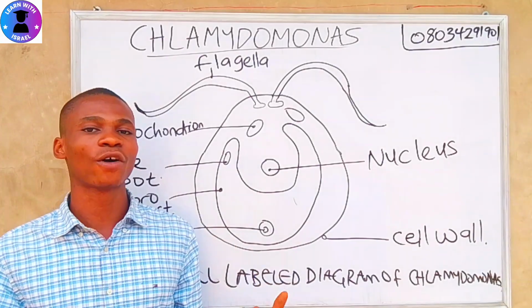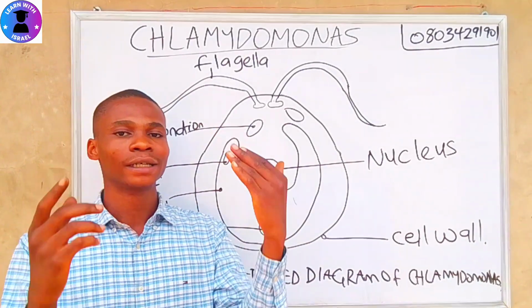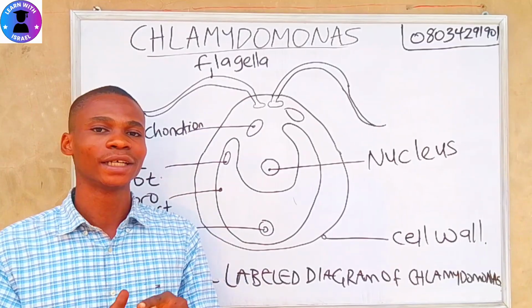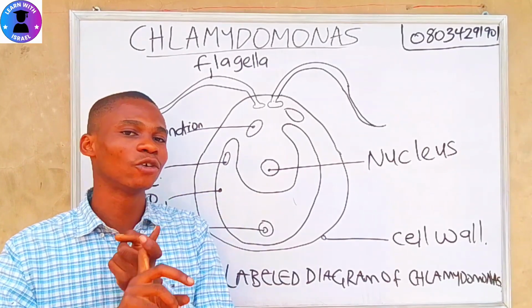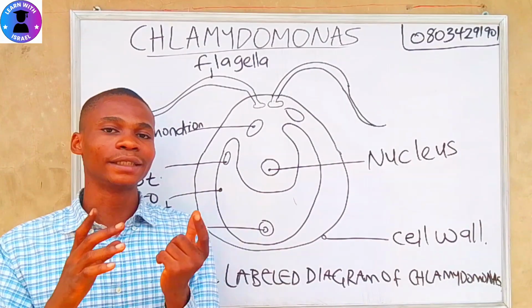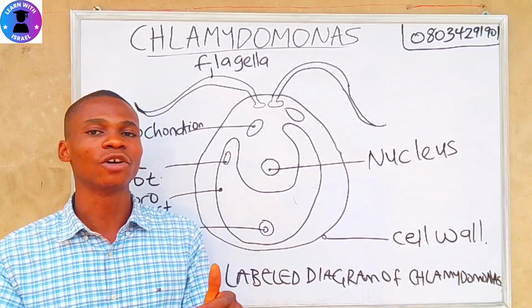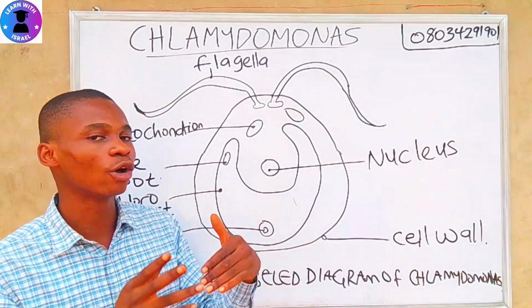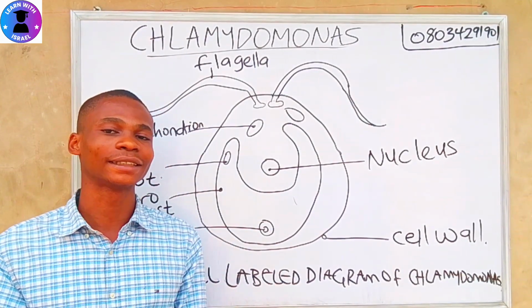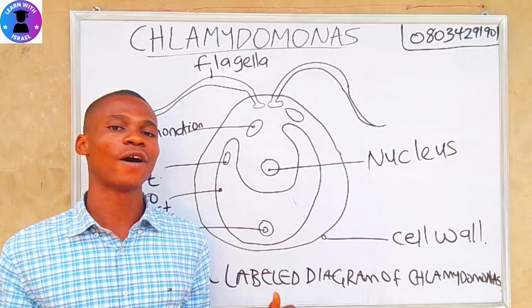After that, we discussed the classification of Chlamydomonas using kingdom, phylum, class, and genus, where I mentioned that the genus is Chlamydomonas, the class is called Chlorophyceae, and the kingdom is Kingdom Protista. Chlamydomonas belongs to Kingdom Protista, and the last one, the phylum, is called Chlorophyta.